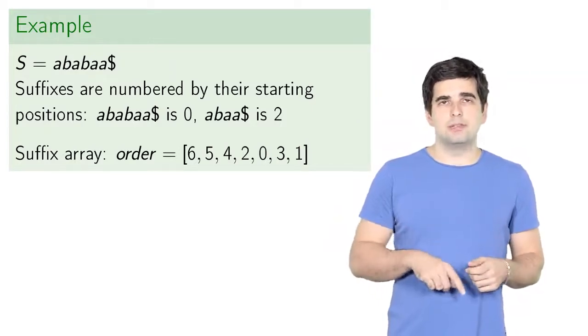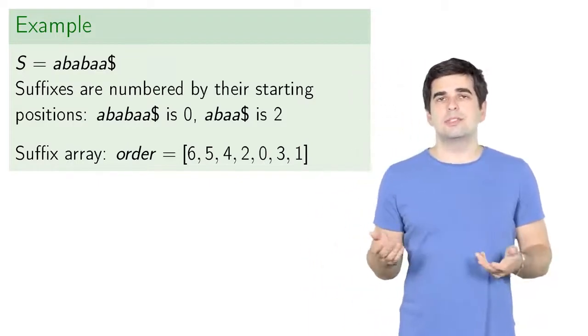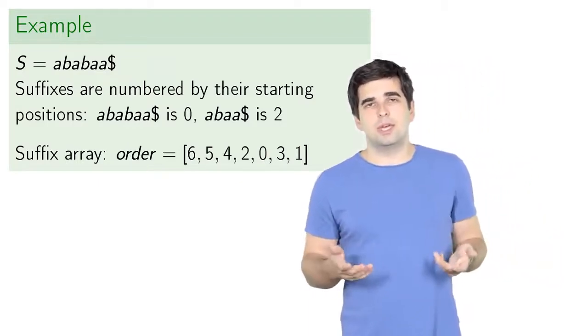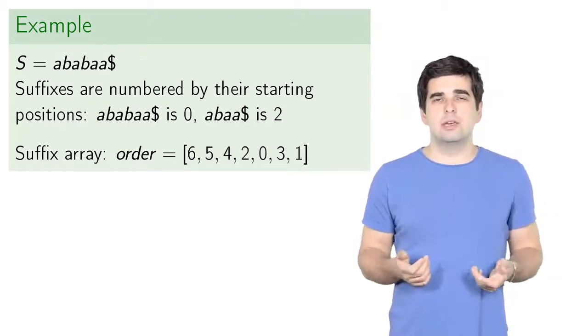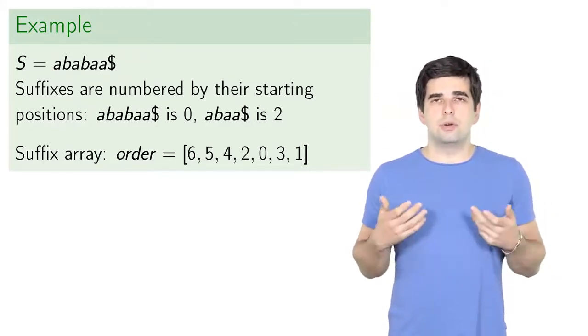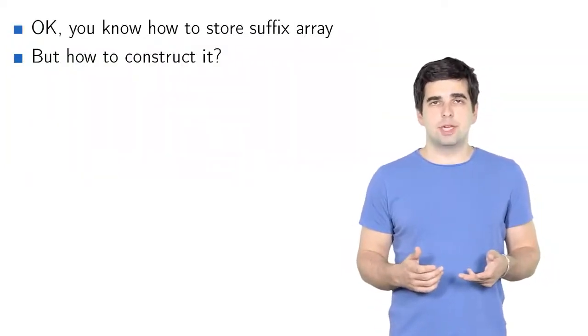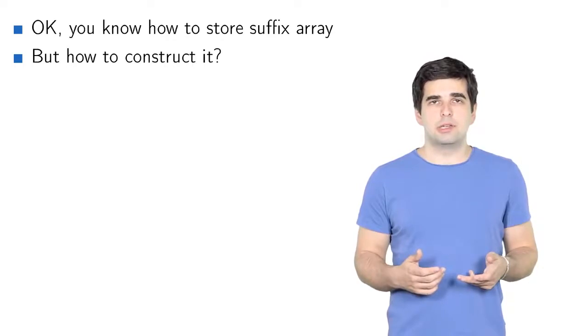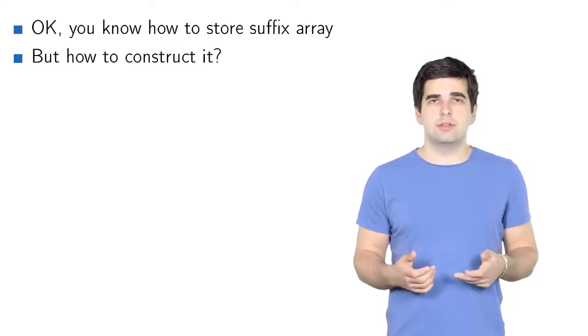And if we then add 2 to that, we'll get the character at position 2 in that suffix. So in theory, we can look at any character of any suffix really efficiently, although we don't store those suffixes directly. Okay, now you know how to store the suffix array and how to manipulate it efficiently, but you probably wonder how to actually construct it, and you will learn that in the next few videos.